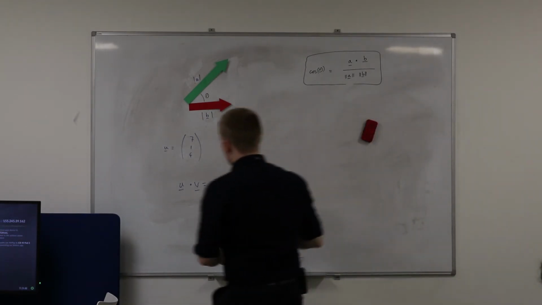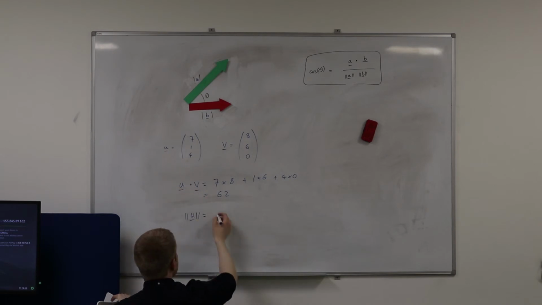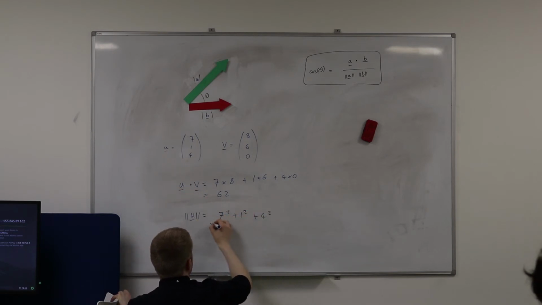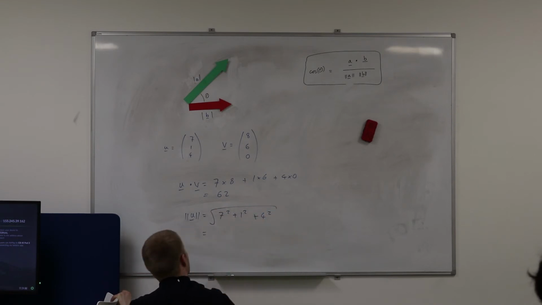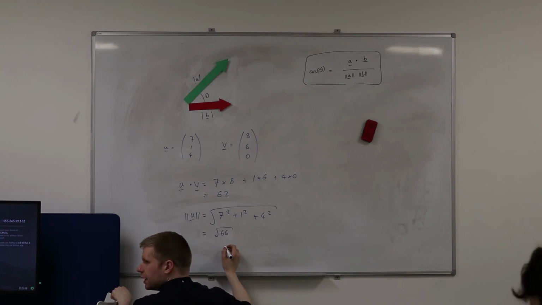Now I need the length of each of my vectors. So okay, let's do length of u first. So length of u will be 7 squared plus 1 squared plus 4 squared square rooted. What does this come out as? 49 plus 1 is 50, plus 16 makes square root of 66.